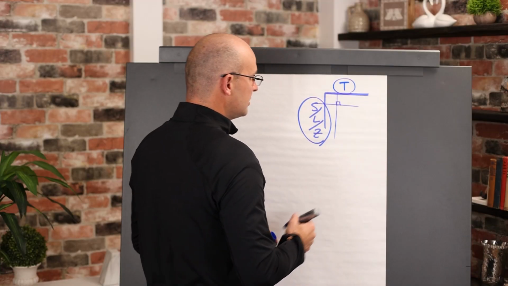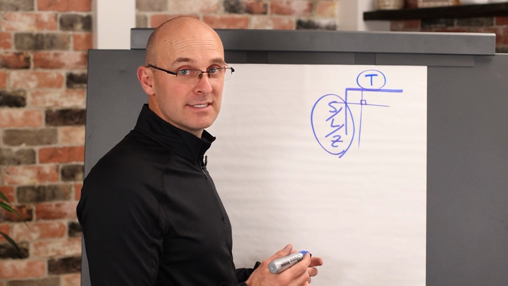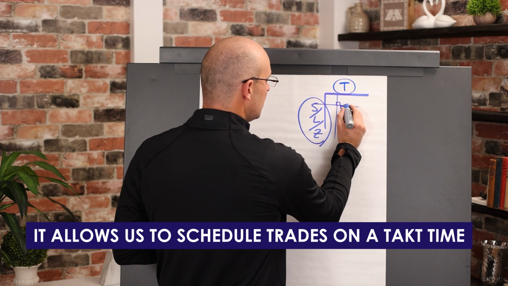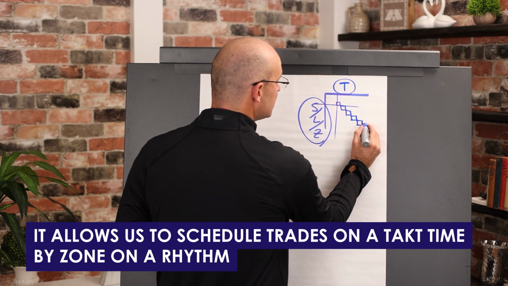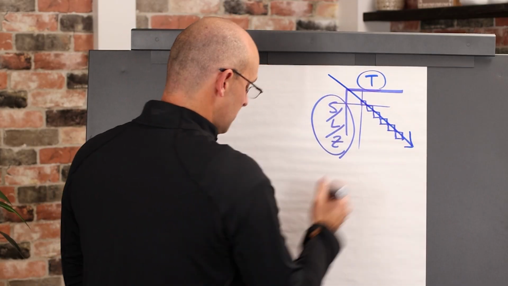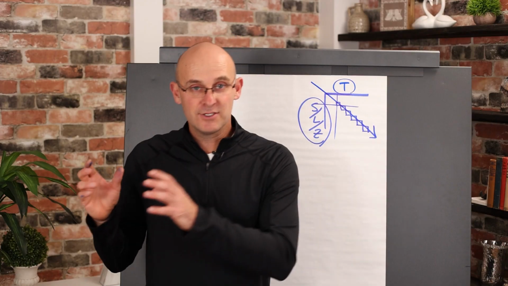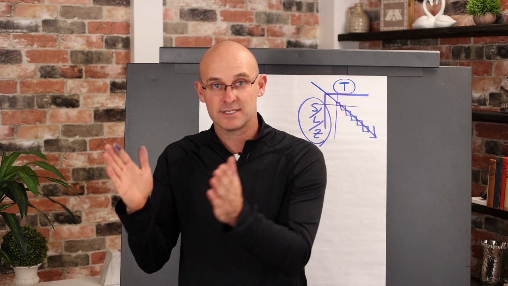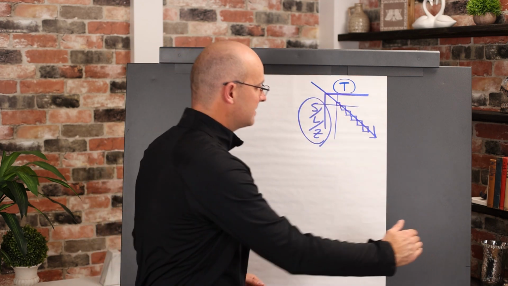And then it actually shows us something that's really key. And I want you to understand this, even if you have to go watch some more videos to get familiar with this. It allows us to schedule trades on a takt time by zone on a rhythm, meaning that they have flow. Meaning, and I just got to explain this real quick, the trades are able to go from area to area to area to area to area on a takt time, right? And it's all shown on one page, and it protects that flow.